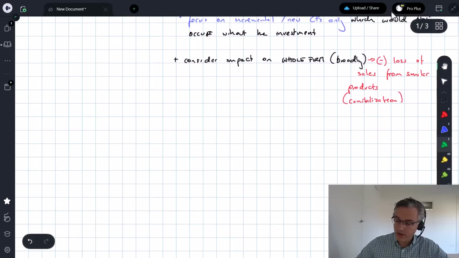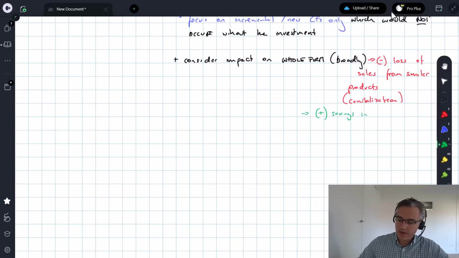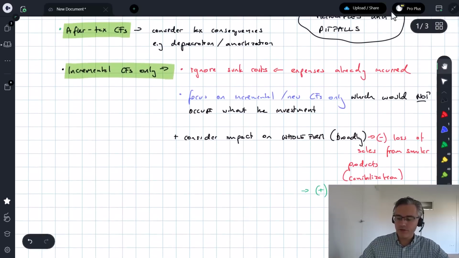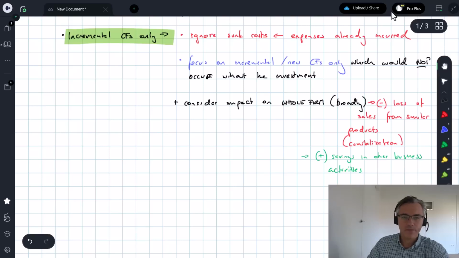Product cannibalization. On the other hand, there may be some positive effects, like taking this project on will lead to savings in other business activity as well. And these incremental additional effects across the firm should definitely be taken into account.